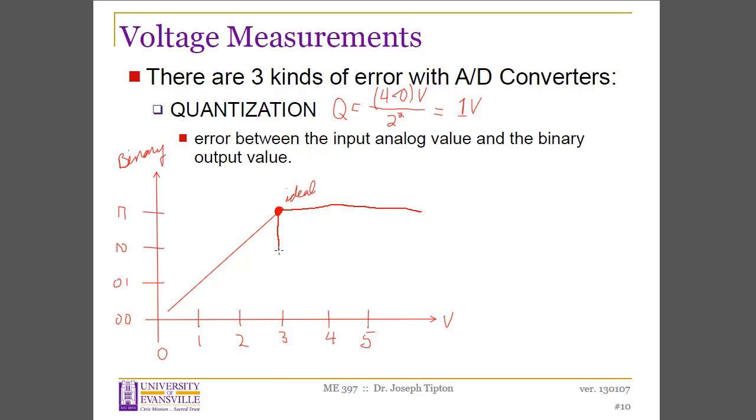And now discretely, anything between 2 and 3 volts is going to be stored as 1, 0 in binary. Anything between 1 and 2 volts is going to be stored as 0, 1, and anything between 0 and 1 volts is going to be stored as 0, 0. So in reality, there's our quantization issue. And let's see if I can draw it there. There we are. That's our 1 volt quantization problem.